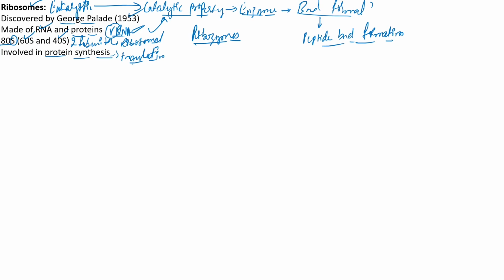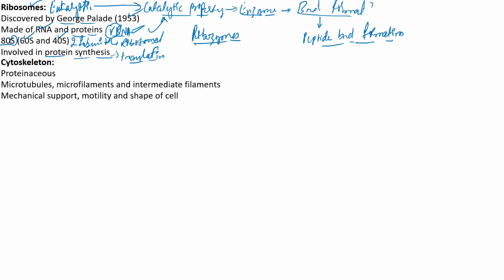So now let us look into another structure, that is the cytoskeleton. Okay, see, in the case of plant cells, they do have a rigid shape, and of course the rigid shape and structure is contributed by various factors, but one of the major driving factors that gives plant cells proper shape is the cell wall.